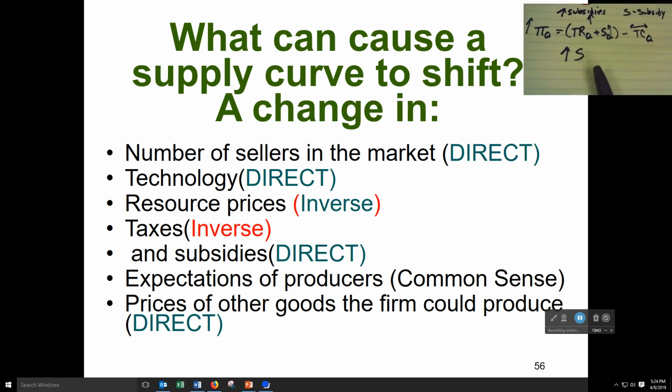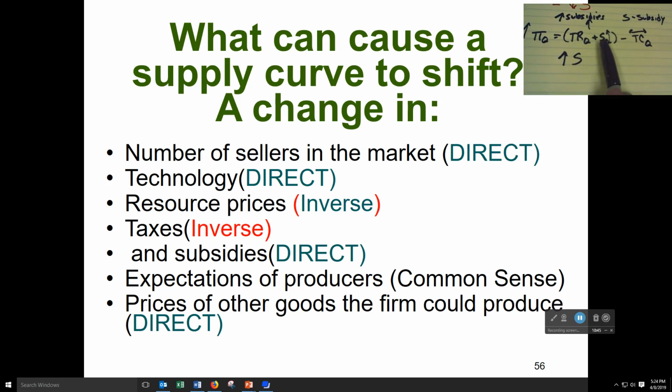So maybe they need $45,000 here to make a profit. They could sell the car for $40,000, get an $8,000 subsidy, 48,000 minus 40,000, the producer would make an $8,000 profit for every car purely because of the subsidy.